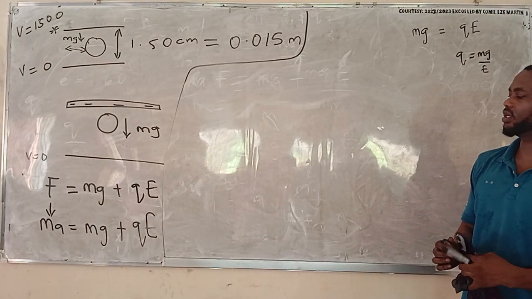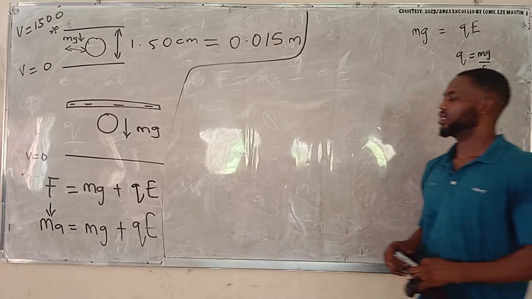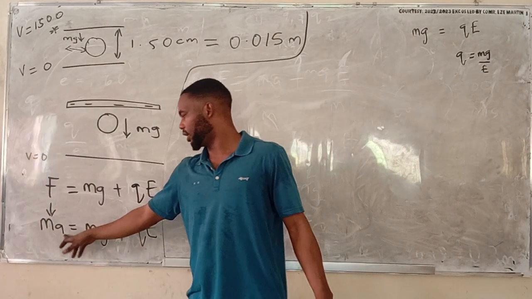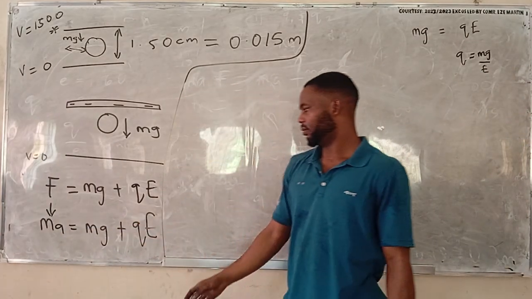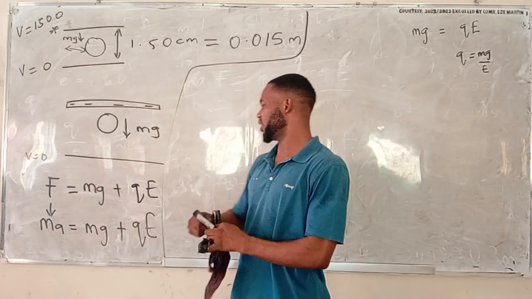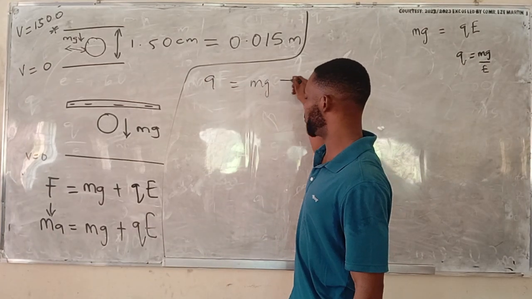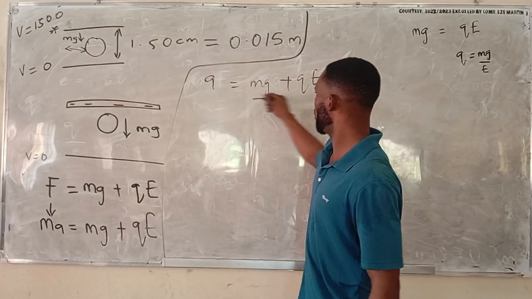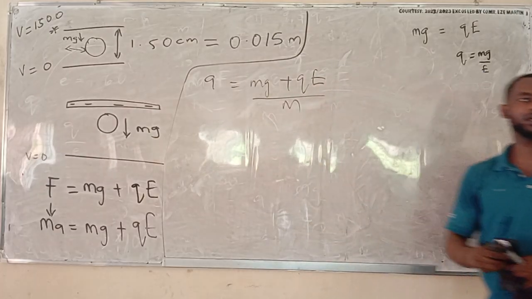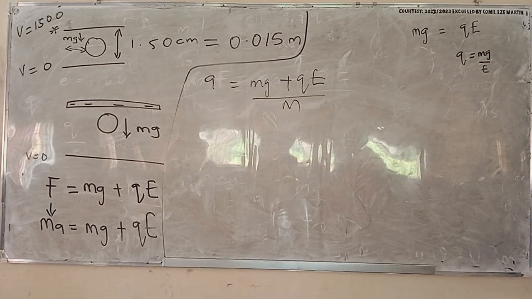Check something for me. This is a. Get me the acceleration here. If I want the acceleration here, is it not a equals mg plus qE all over m? Do you agree? Sure you agree? Like I just said, divide both sides by m so that I can get a, acceleration.